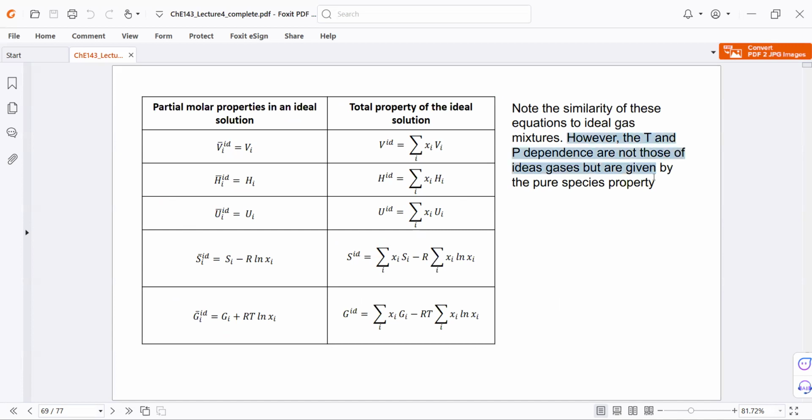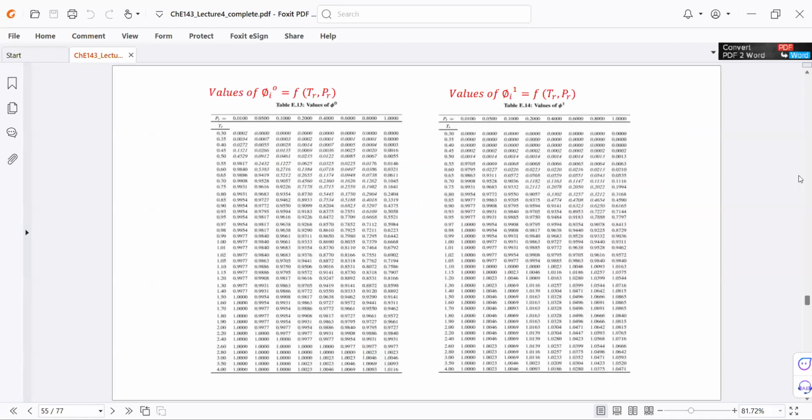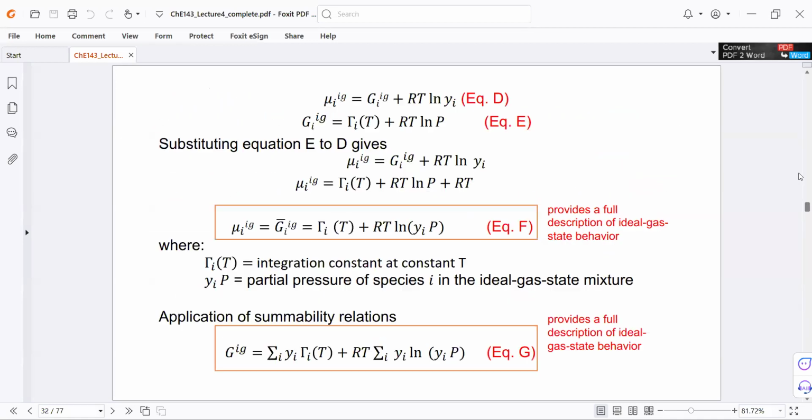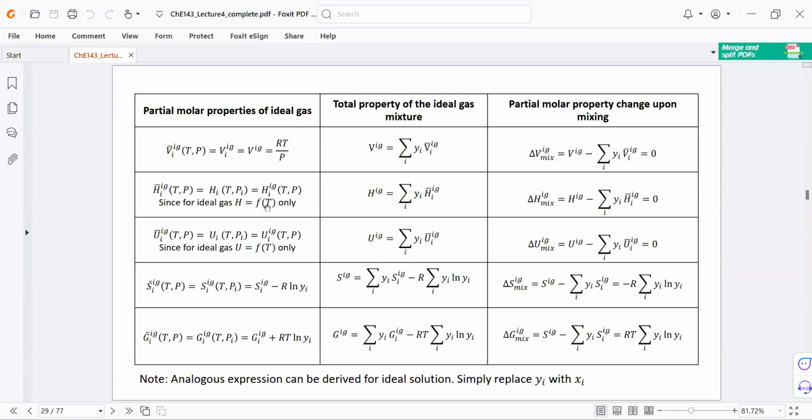However, take note that the temperature and pressure dependence are not those of the ideal gases but are given by the pure species property. Okay, so let me jump back to that slide on the ideal gas equation so that you will remember. All right, this one.